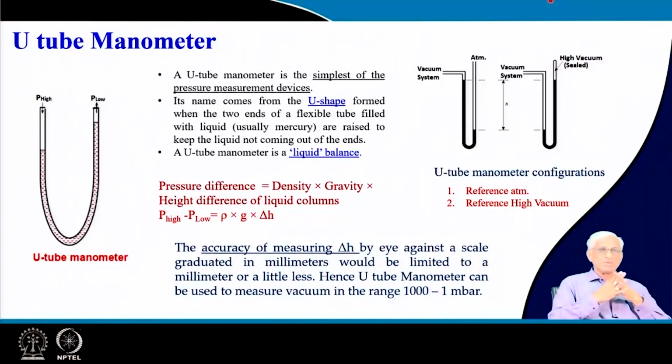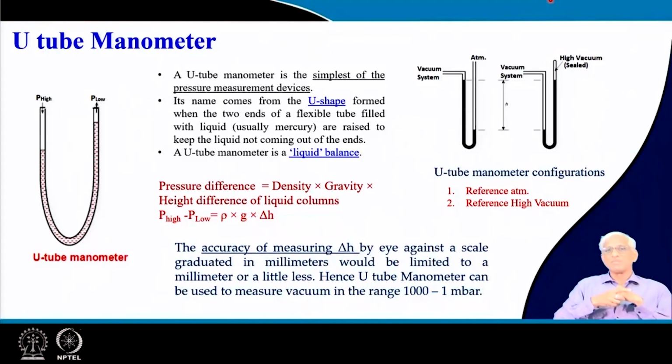The accuracy of measurement of this height delta H is finally going to decide the limitation or accuracy when you use these gauges for measuring vacuum. Why? What happens when you connect one side to the vacuum and the other side to the atmosphere?